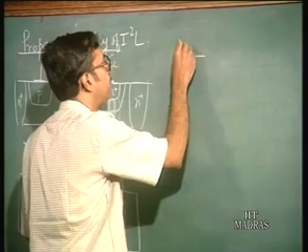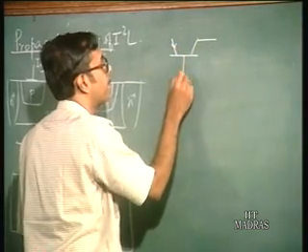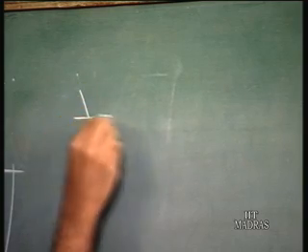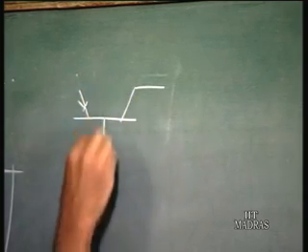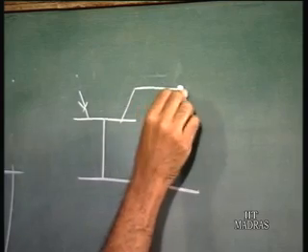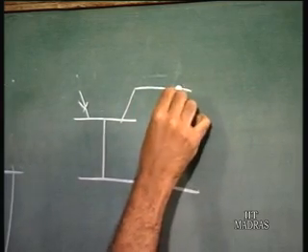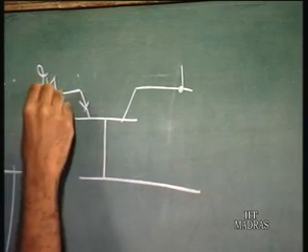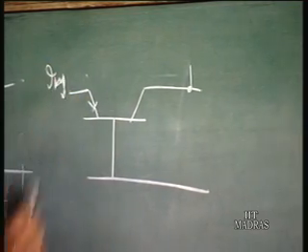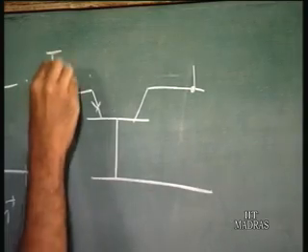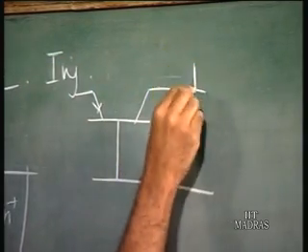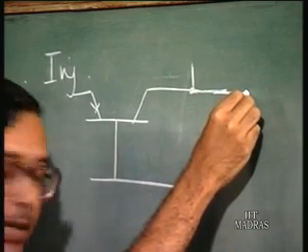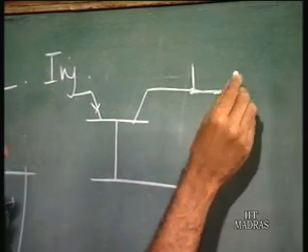You have a PNP transistor, and this goes to the input contact. So this is the injector contact. Then this is the input side. Then this goes to the base of this NPN transistor.